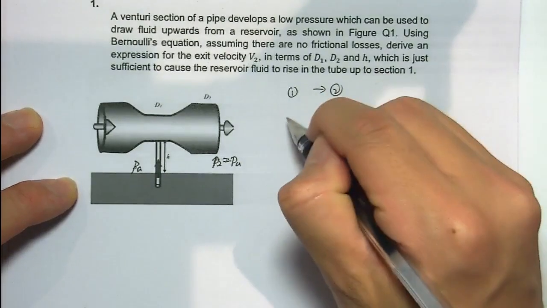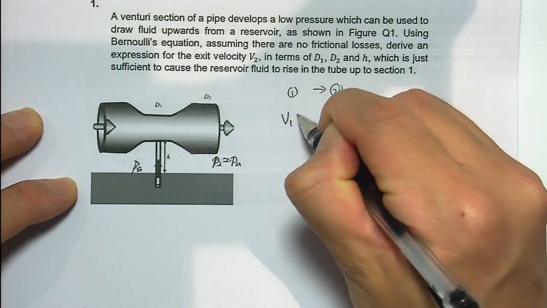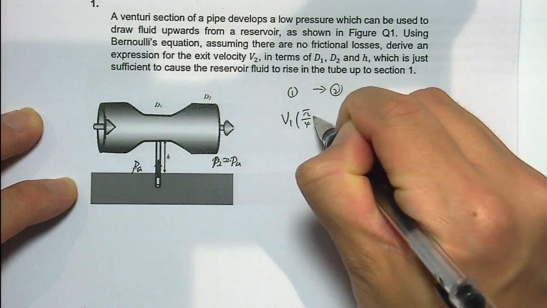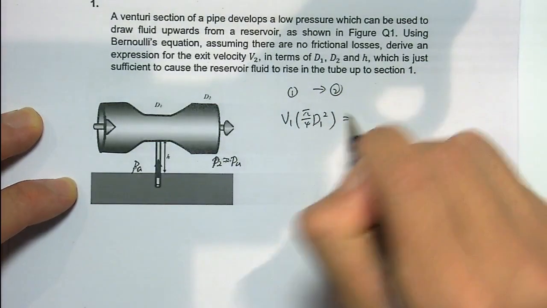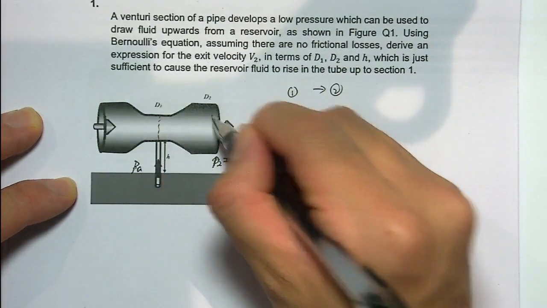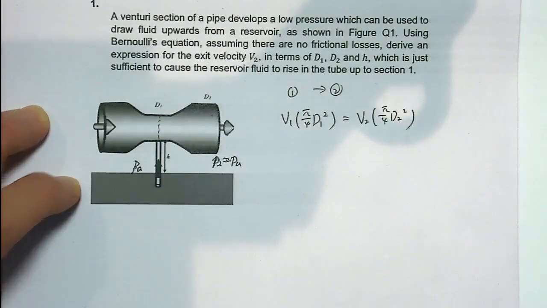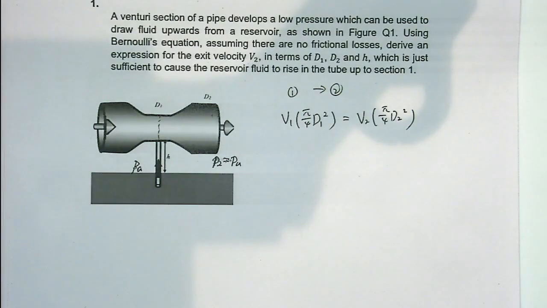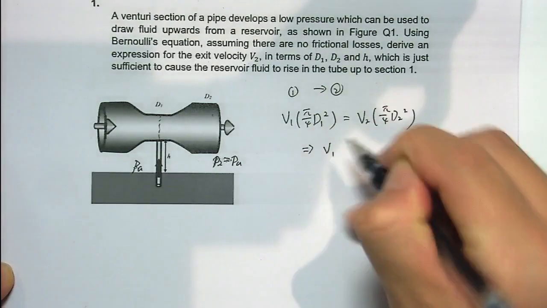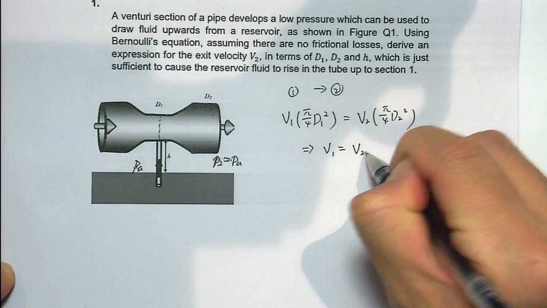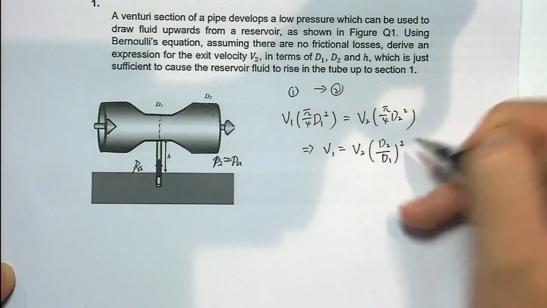So the volume flow rate at position 1 is the velocity V1 times the cross-sectional area, which is equal to V2 times its area, that is D2 squared. That's the continuity equation, right? So we can easily get the expression for V1.